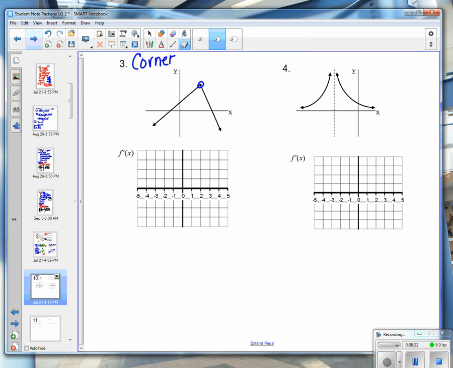In this case, if I try to find the slope at that point, remember I need to find a tangent line, which is a line that touches that point at just one point. Well, I could have a tangent line there, I could have a tangent line here, I could have a tangent line there, I could have heaps of tangent lines.